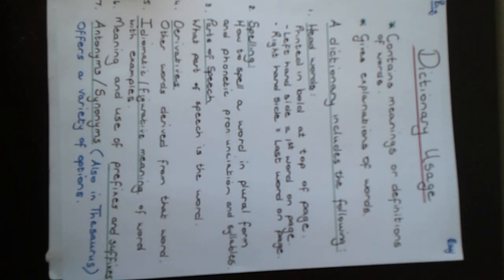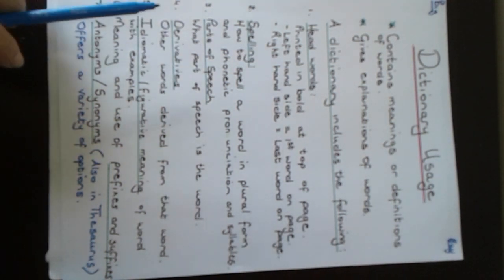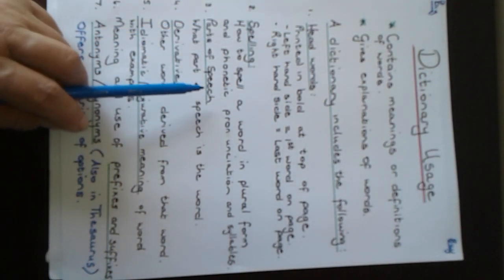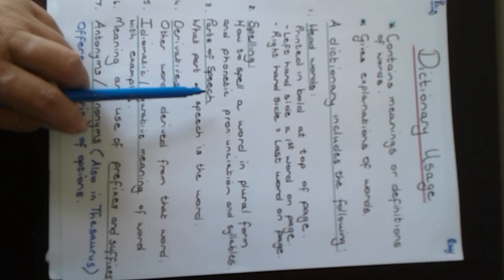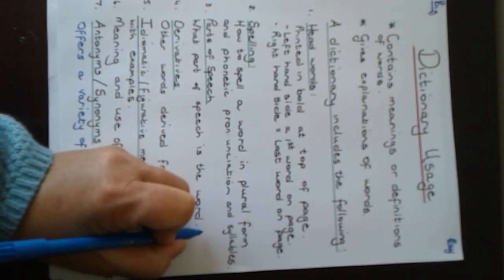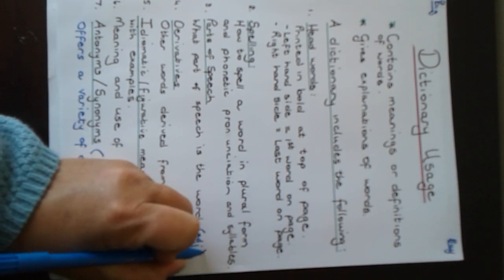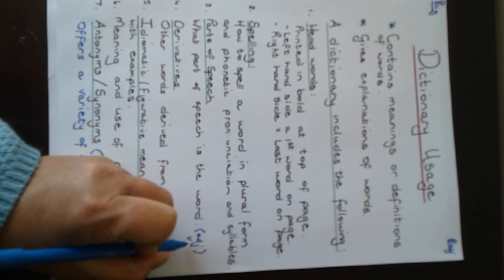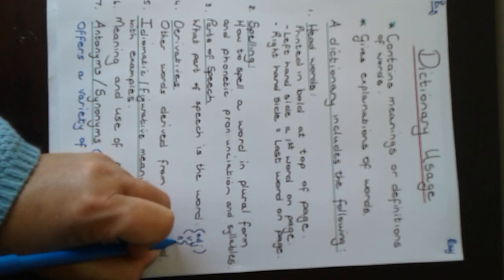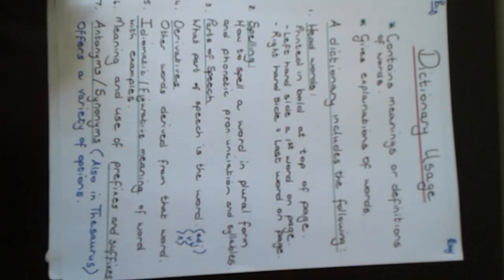Can I use it to describe something as it is? Kick. Is it a verb? I kick the ball. What part of speech is that word? And they usually indicate it at the back in a very small way as an ADJ for adjective, a V for verb, or an N for a noun, or an adverb, and so forth.